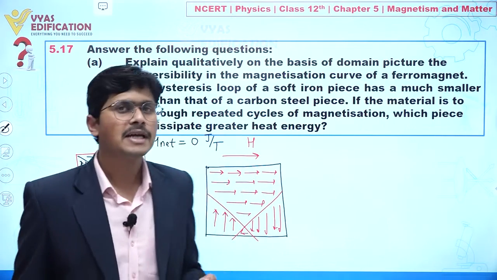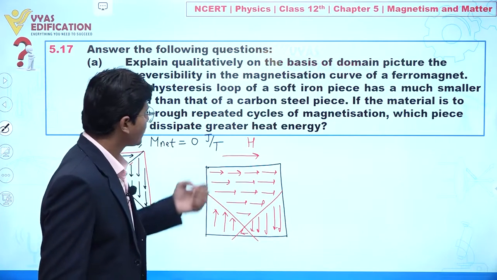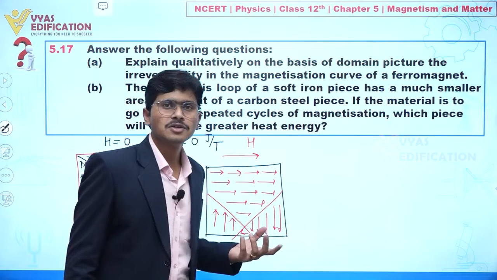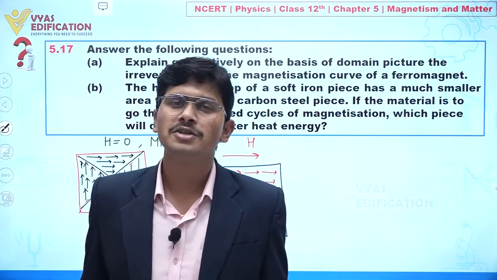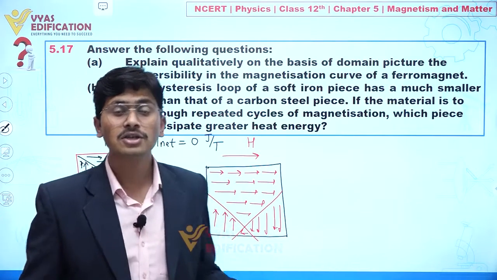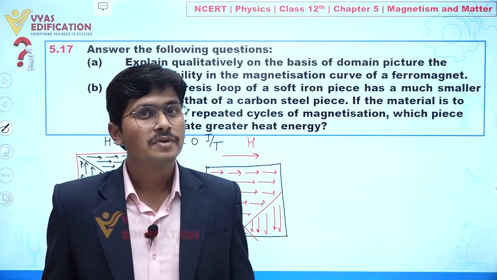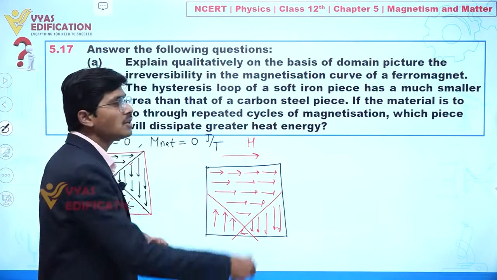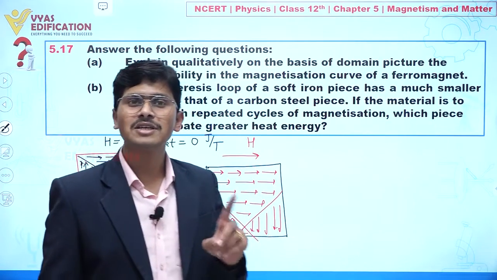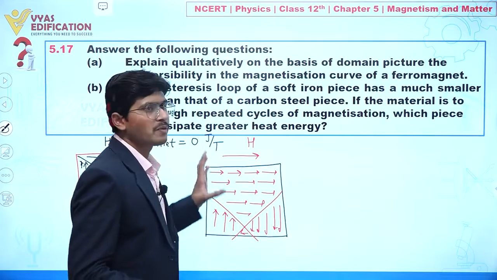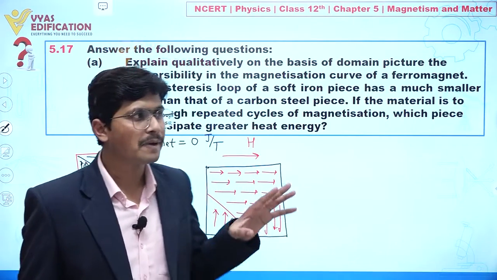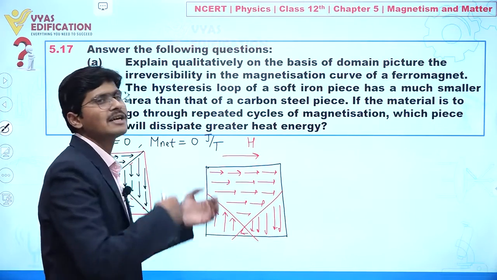But let's suppose they remove this magnetizing field, then what will happen? As this magnetizing field is removed, some of the atomic dipoles again gain their original domain orientation, but it is not possible that all the atomic dipoles recover their original orientation. It means the total energy that was first utilized to align them in a particular direction is not recovered back.